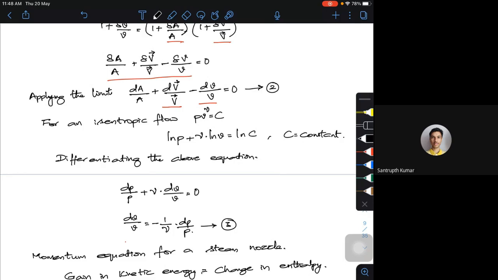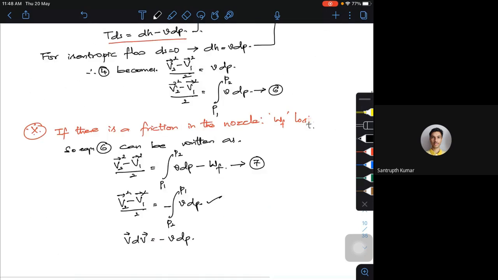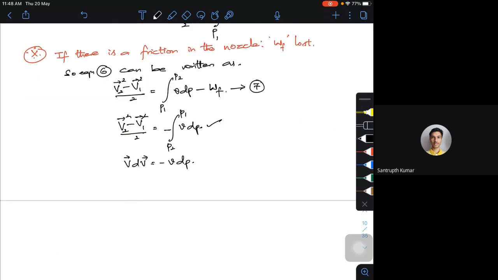I think you might have done this kind of derivation in your gas dynamics course. So dV by V is equal to minus VdP by V square.